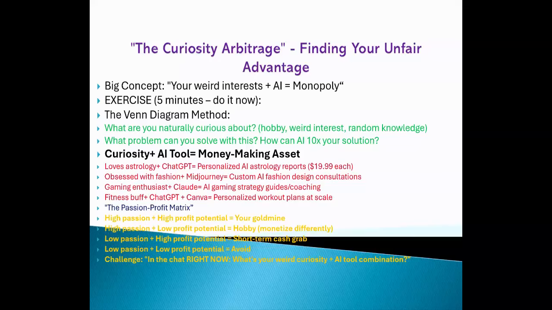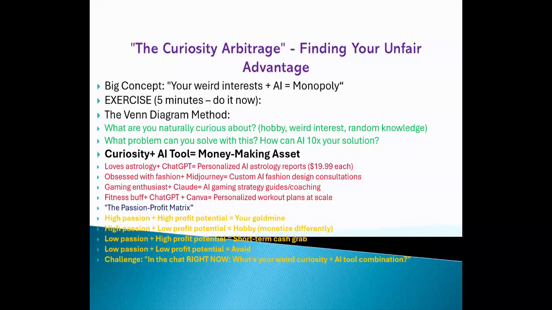Do this. Let's say you love astrology, combine it with ChatGPT. Then you can create personalized AI astrology reports and start selling them on Gumroad. Establish your Gumroad, or sell them through Amazon, as you wish. Let's say you are obsessed with fashion. Combine it with Midjourney so that you can create your own designs, your own brands.